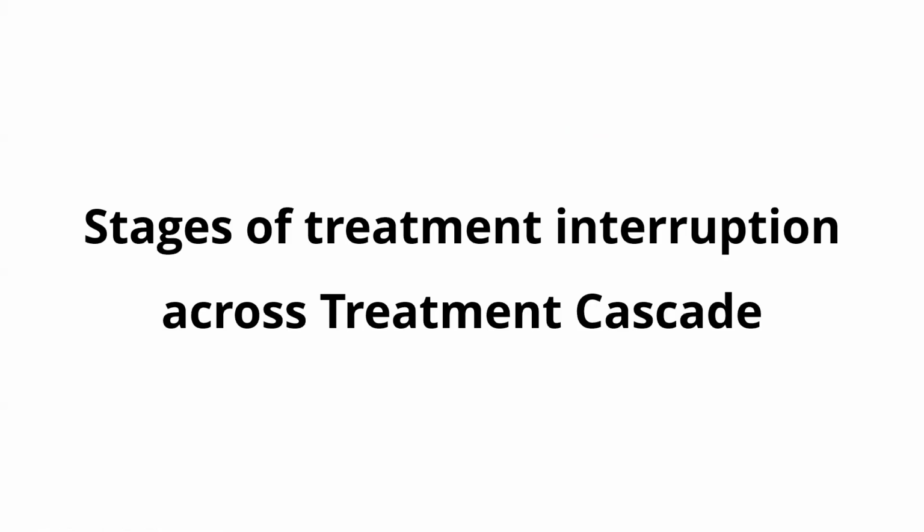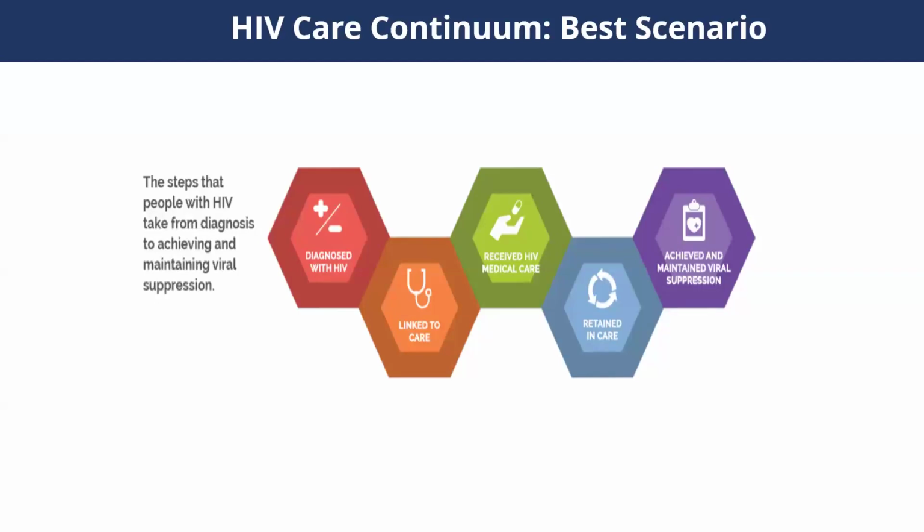So in the first couple of slides, we'll see where we are losing patients. What are the potential areas where we are losing patients? This is the best case scenario of the HIV care continuum, from HIV diagnosis to achieving sustained viral load suppression.